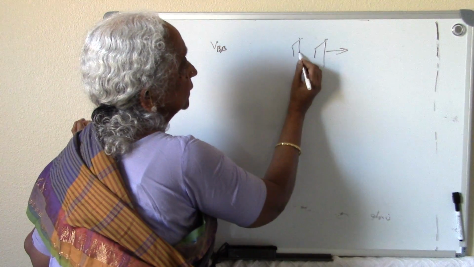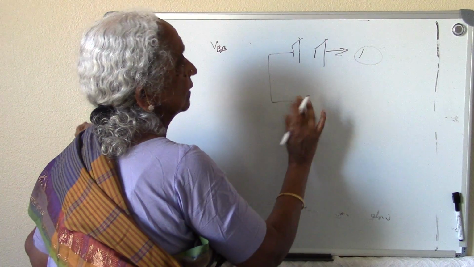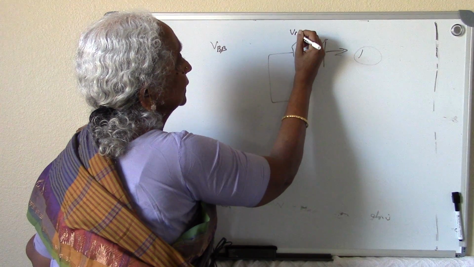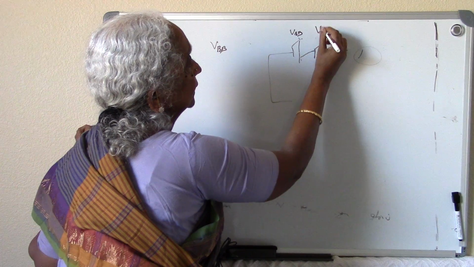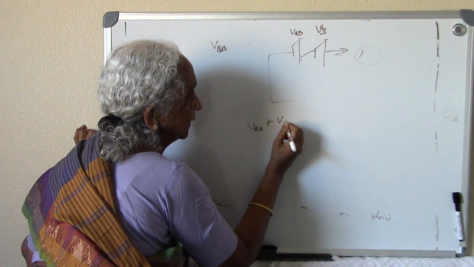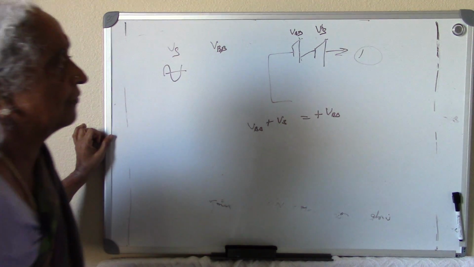Now this is going to the base of the transistor, and this is going to the other side. Here positive is connected to negative, so this is VBB, this is V signal. So at any instant it will be VBB plus V signal during the positive half.